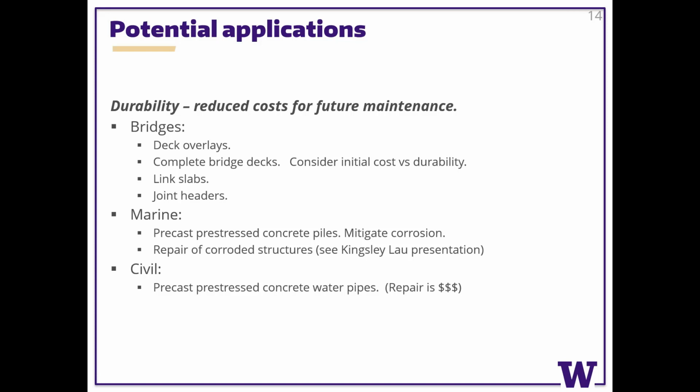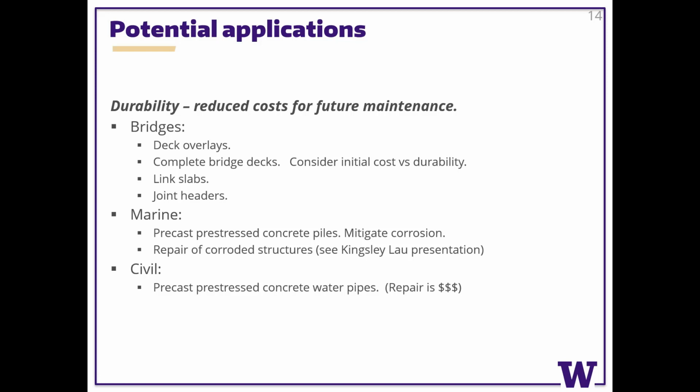For marine applications, again, the durability would be a huge advantage. Kingsley Lau was pointing that out. And things like pre-stressed concrete piles, you could mitigate the effects of corrosion if they were made from UHPC. Repair, again, Kingsley talked about that.